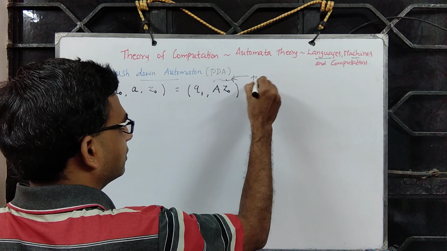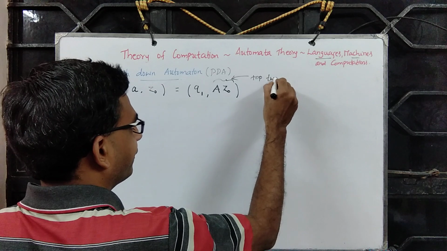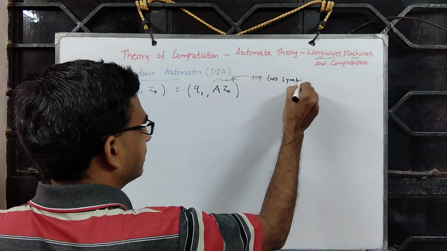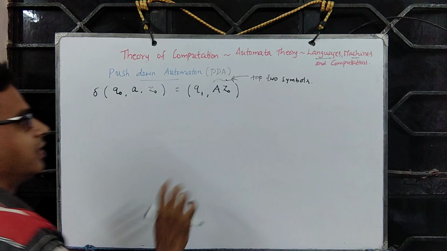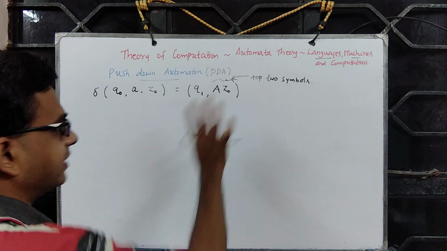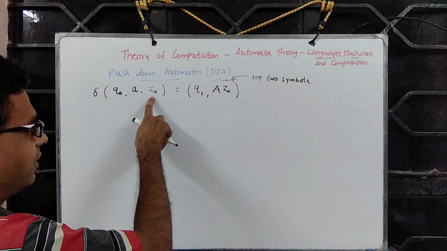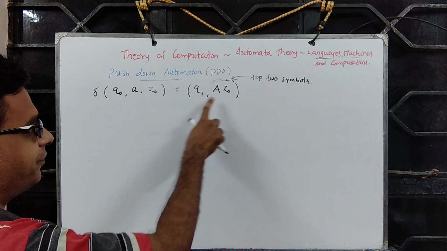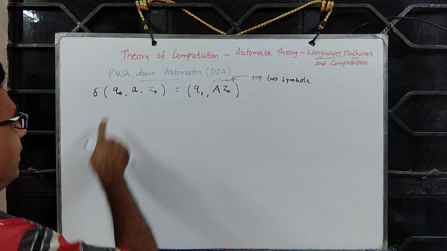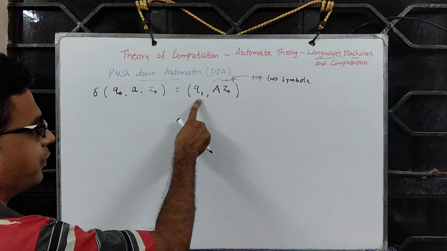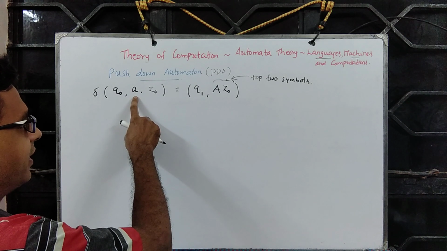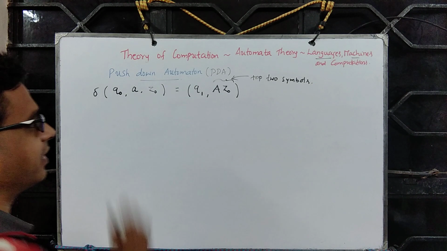In some cases we write more, but as of now this represents the top two symbols. What was there before was Z0, and on top of it we have placed A, and from Q0 we have moved to Q1 on reading A with start symbol being Z0.